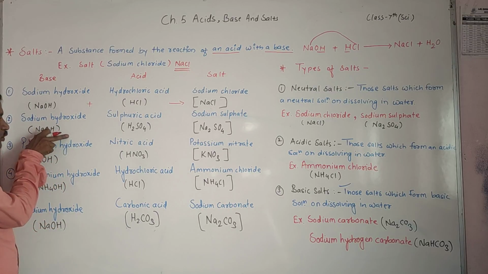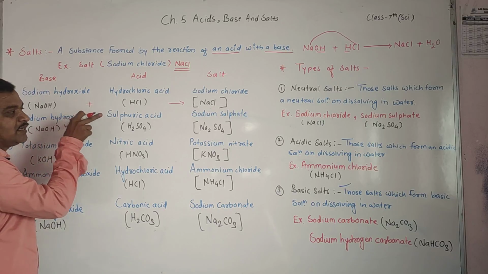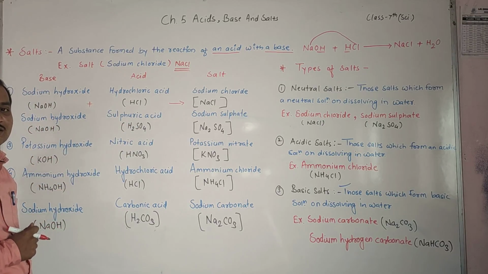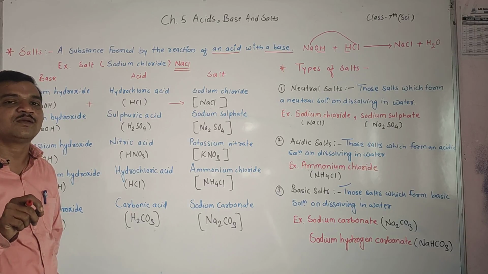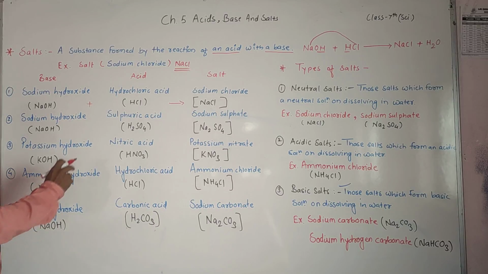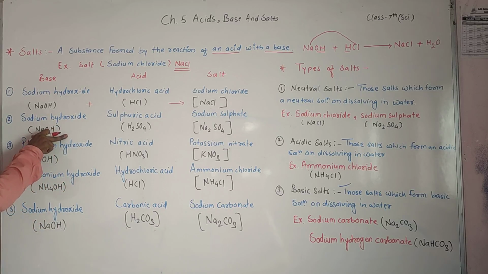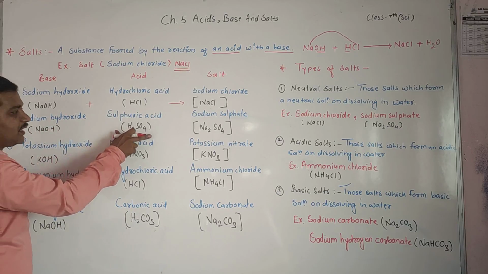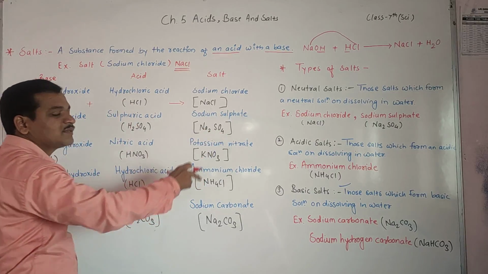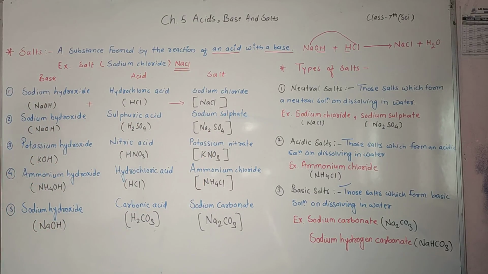When sodium hydroxide reacts with sulfuric acid, what is the formula of sulfuric acid, student? The formula of sulfuric acid is H2SO4. Sodium hydroxide formula you already know. So sodium hydroxide plus sulfuric acid forms sodium sulfate salt.